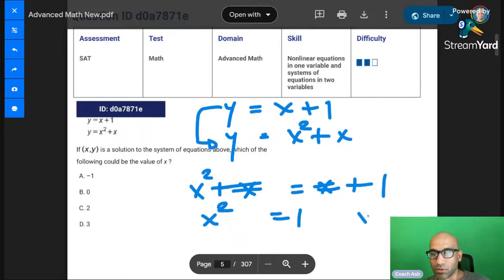Easy. And so therefore x is equal to plus or minus 1. And there you go, that's your answer. x can be equal to 1 or minus 1. Remember, x squared is equal to 1 is very important for you to understand. x is equal to 1 or negative 1. So therefore, negative 1 is the answer. In general, you want to remember this idea.